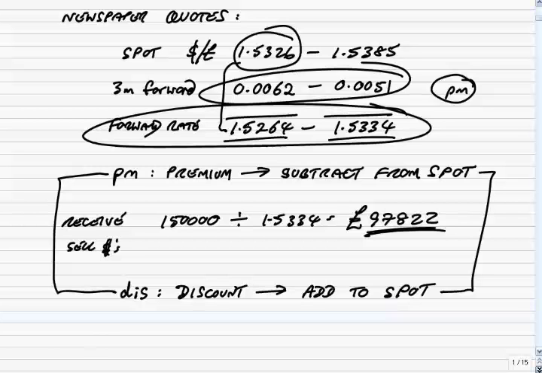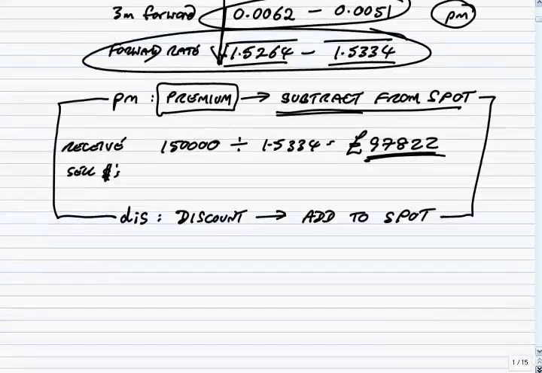And so they're really saying that they're quoting the dollar at a premium. Dollars at a premium, fewer dollars to the pound, therefore you'll subtract from spot. And the same logic in reverse, if it's quoted at a discount. Now that's the reason for it.